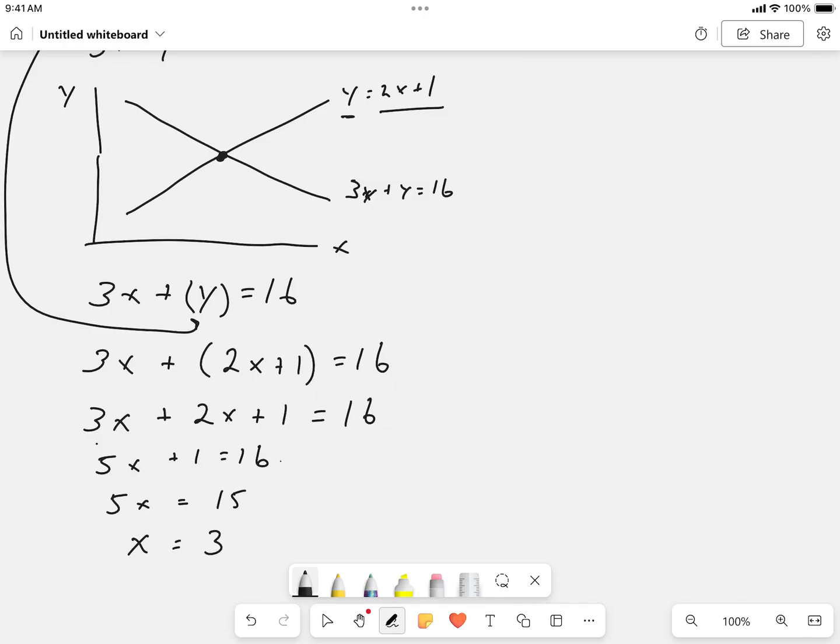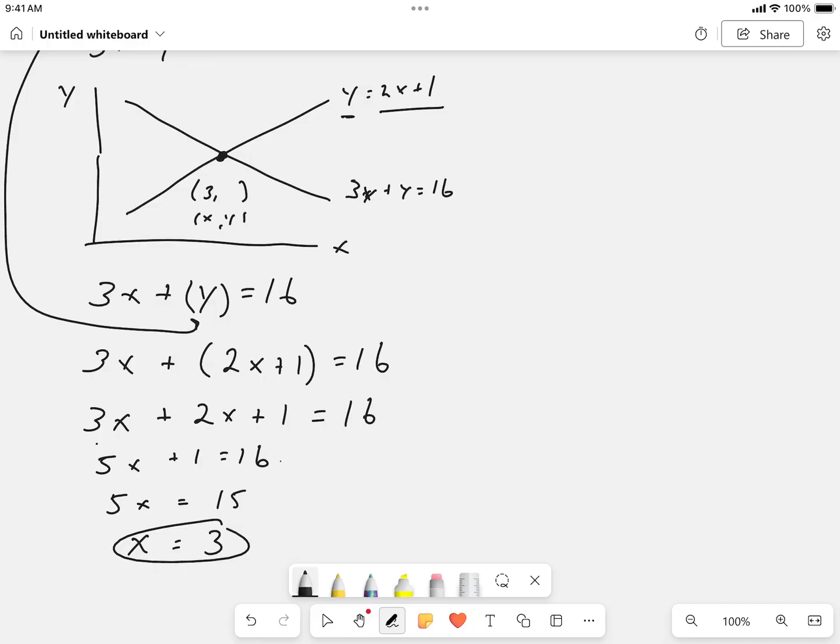Now what this tells me is the point up here in the chart is 3, and then something else. There's an x and a y, and that's the solution. What we just found is the first part of the solution. So now with that, what do I do?